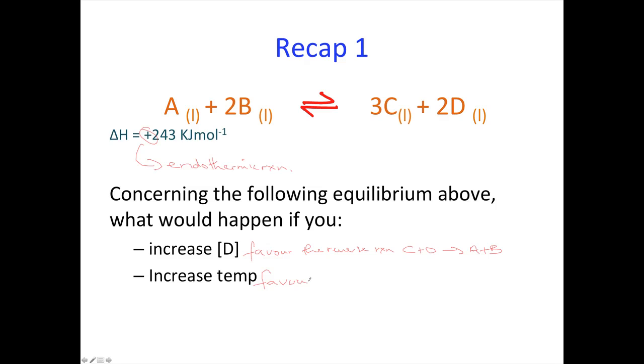So it's going to favor the forward reaction, which in this case is A plus B to give you C plus D. Now, I should have really balanced these things off. So, that's something else to note.